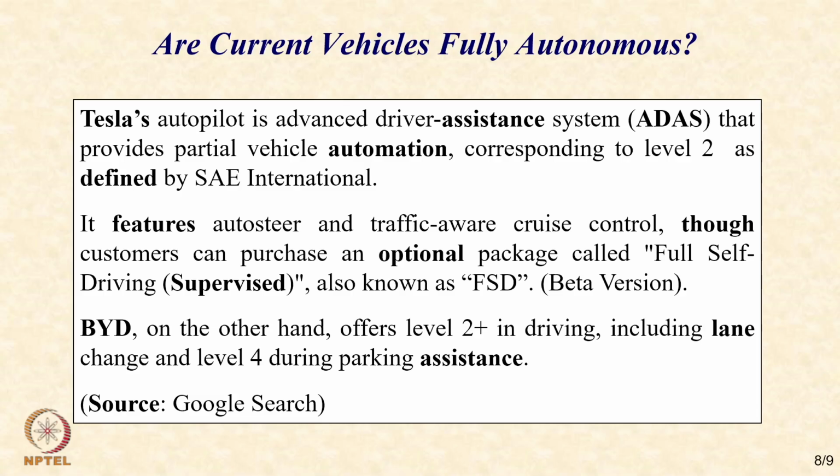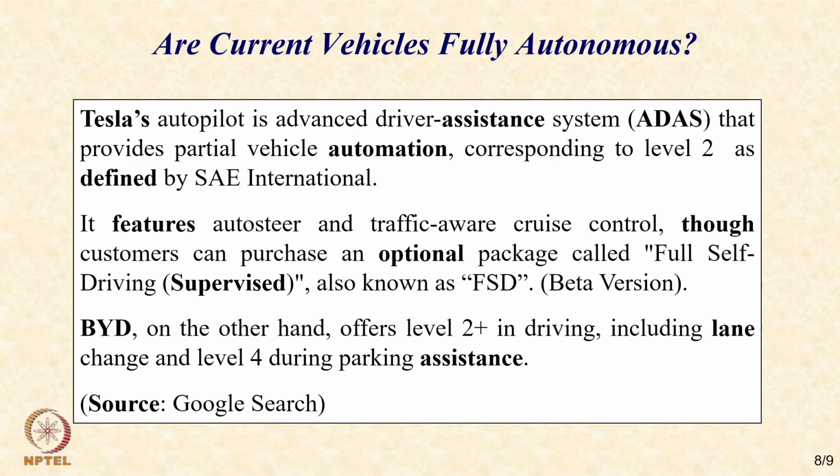All this information is open domain information about these two vehicles, which you can get from a Google search. So, you realize that while SAE is talking about levels 3, 4 and 5, the current autonomous developments are essentially at level 2.